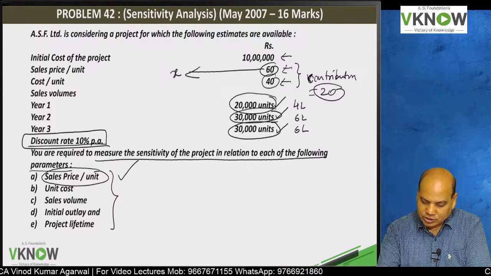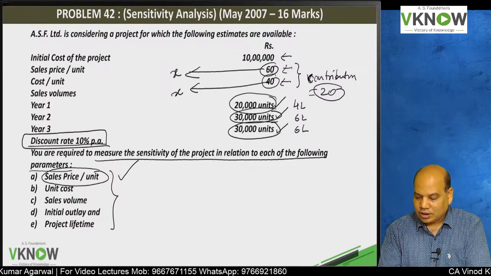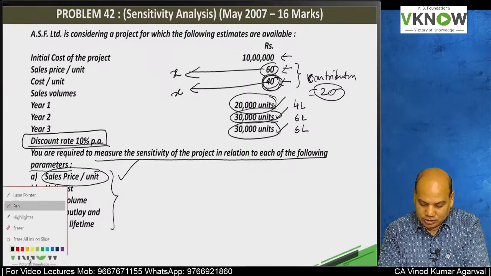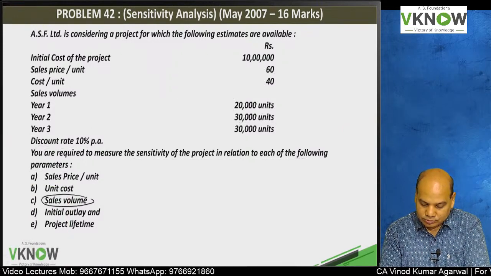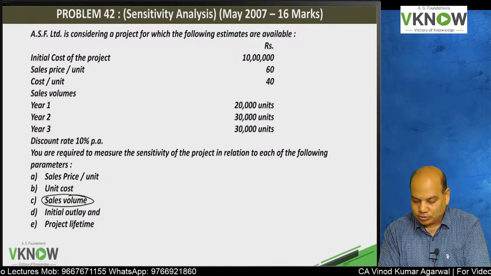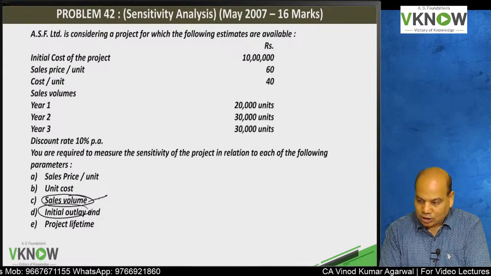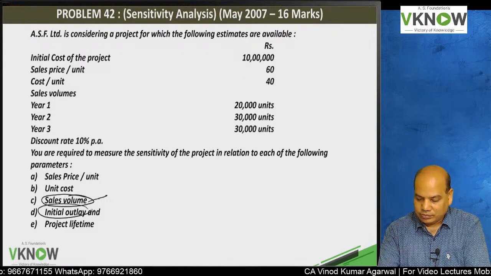Unit cost means this 40. So you can put this as X and find the value of this unit cost at which NPV will be 0. And the next is sales volume. Sales volume, and this I will tell you later. Initial outlay we have done several times.